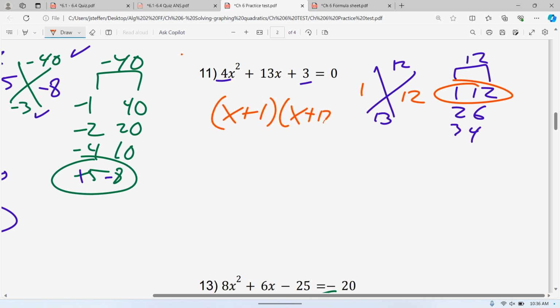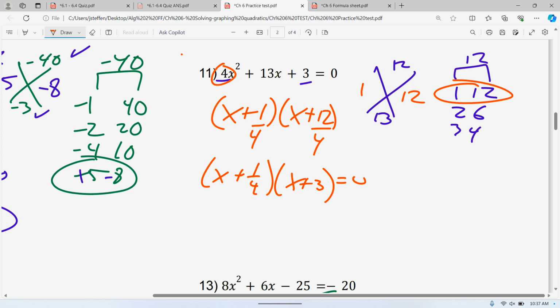But remember, since we have a leading coefficient, we're not done yet. We have to divide both of those by 4. Sorry, I jumped ahead of myself. 12 divided by 4 is 3. Whenever there is a fraction, after you reduce, you move that denominator up front.